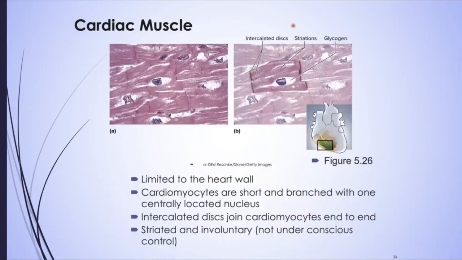Your cardiac muscle has these branchings, so it looks like a Y connecting to another Y. And then you have these little connections in between. There's one connection here, there's a connection here. So they are randomly placed.